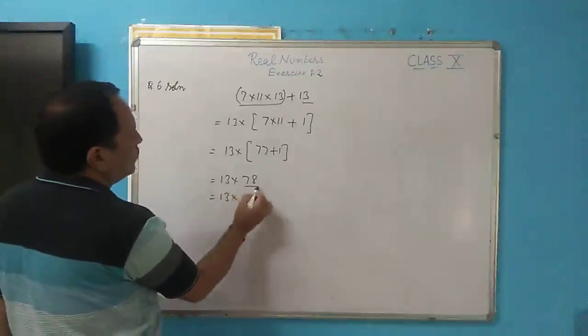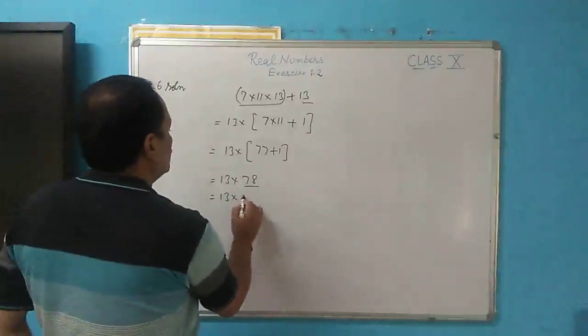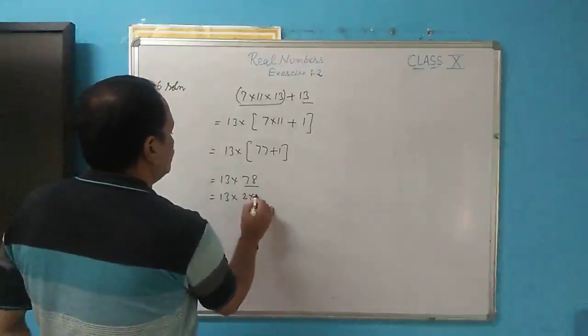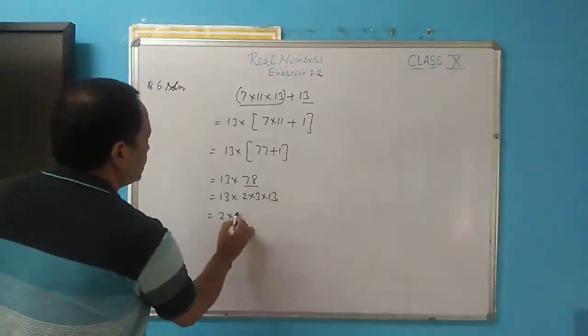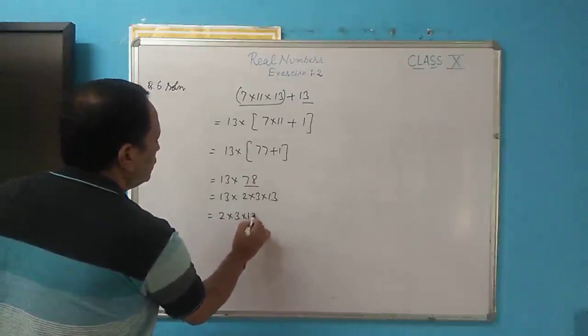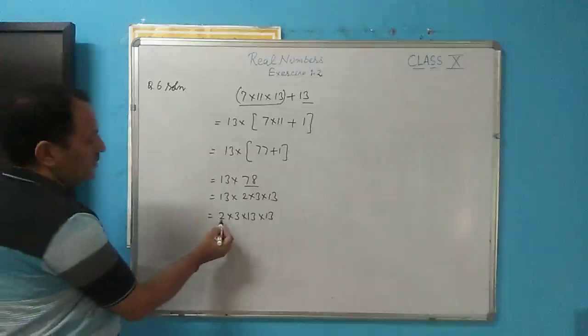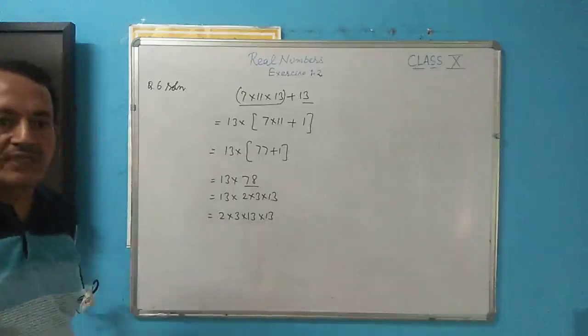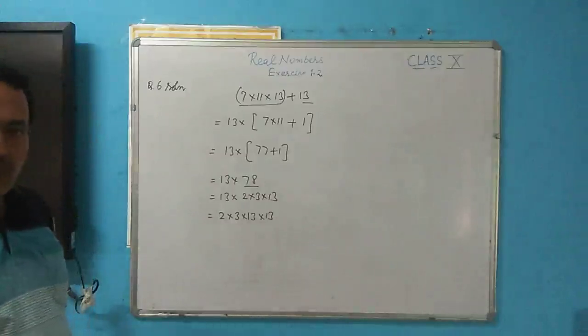Now we have to find out the factors of 78, so 78 is equal to 2 into 3 into 13. So factors come as 2 into 3 into 13 into 13. Now you can see that this number has more than 2 prime factors.